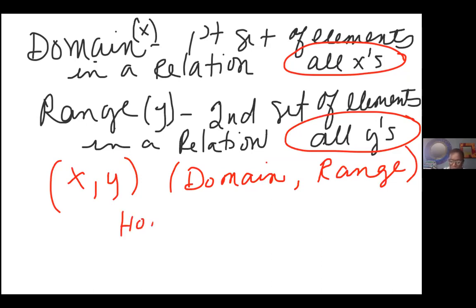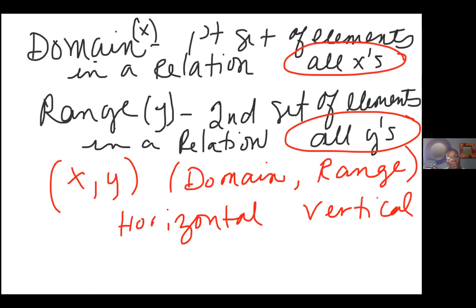Similarly, if we're talking about a horizontal line versus a vertical line, alphabetically, horizontal comes before vertical, and so horizontal would equate to X. Horizontal has to do with X. Think about the X-axis. Vertical has to do with Y. Think about the Y-axis, guys.